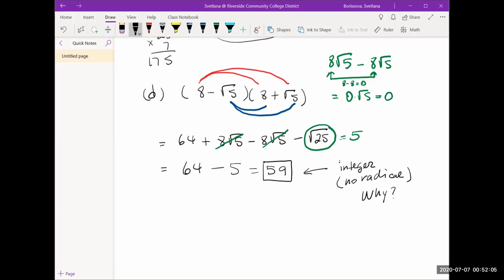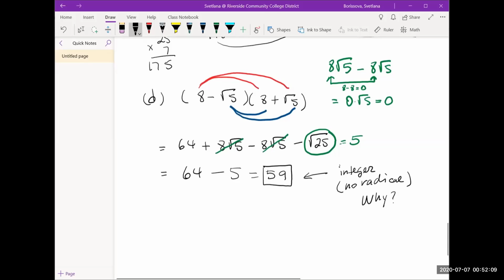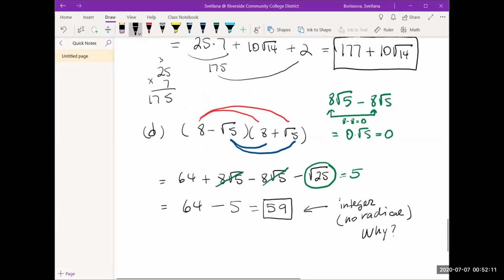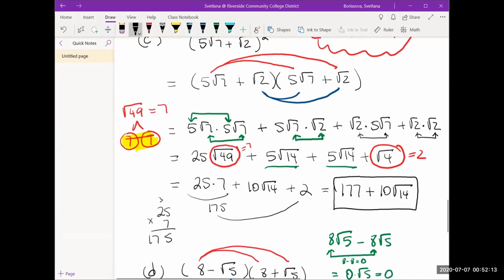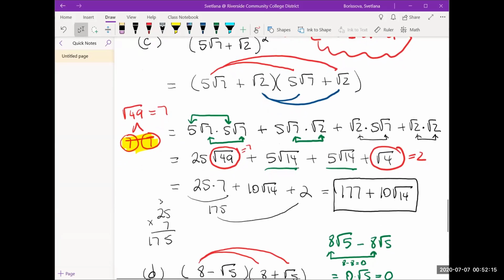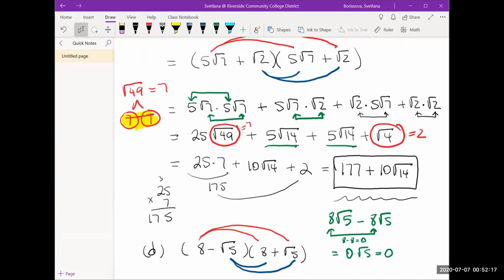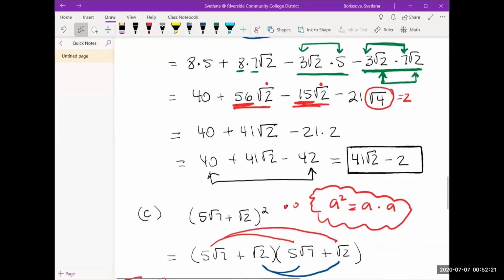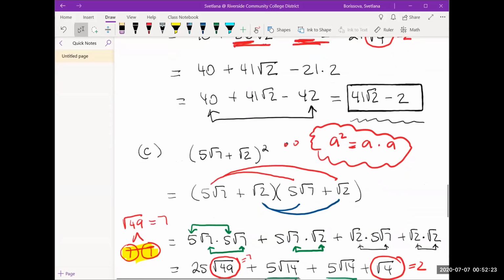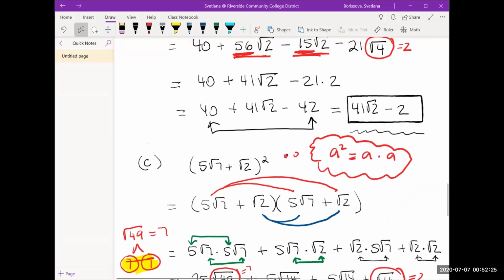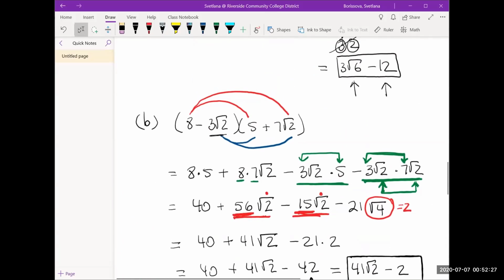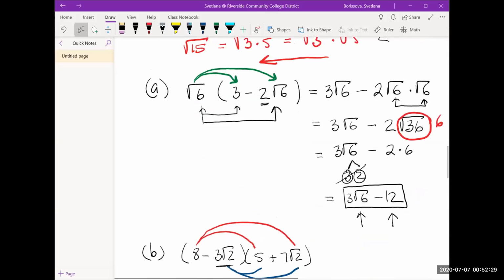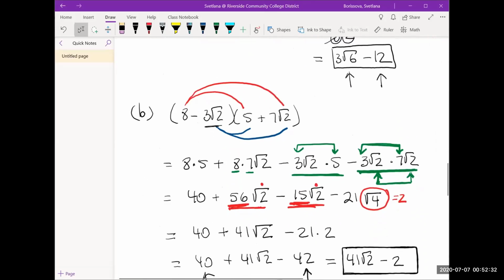Because in all the previous similar examples, like example C, we also multiplied two expressions, right? But we ended up with this kind of answer. In example B, again, we multiplied two expressions and ended up with this kind of answer. So in those two, we did end up with some radicals in the answer. Example A was slightly different, so let's just leave it alone.